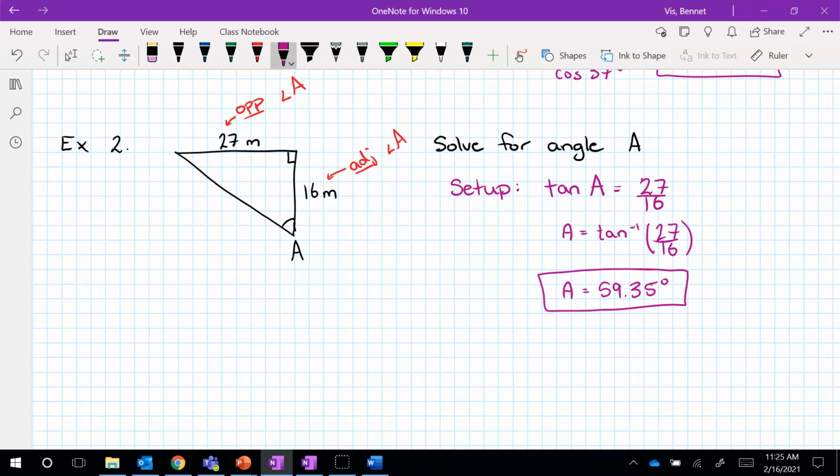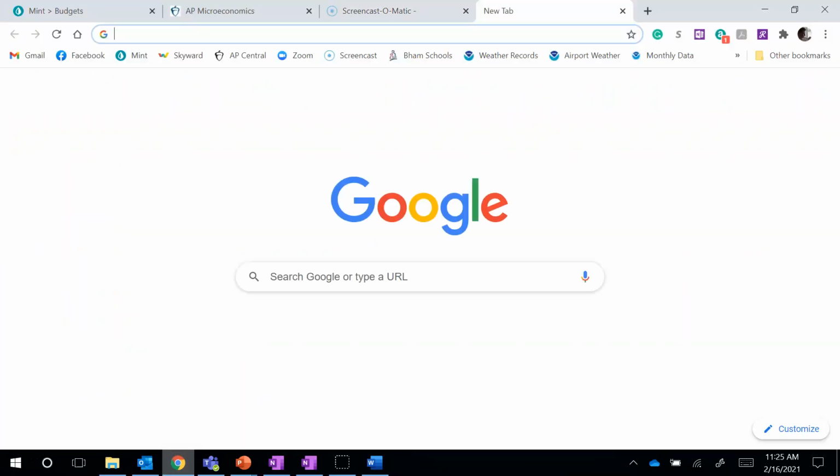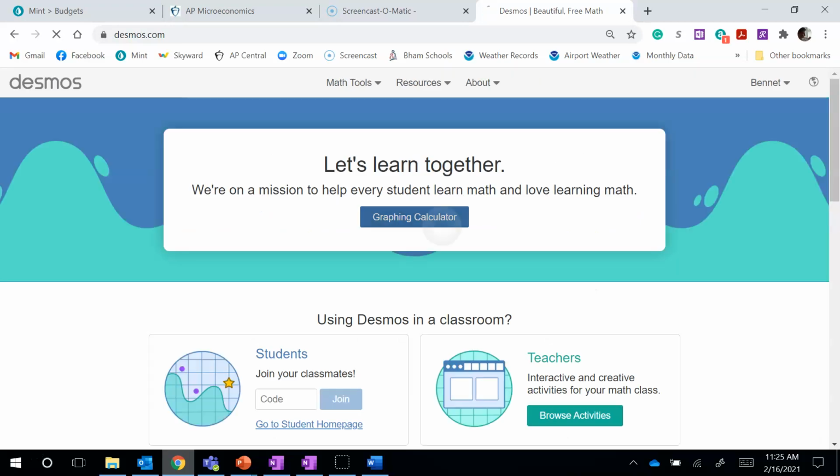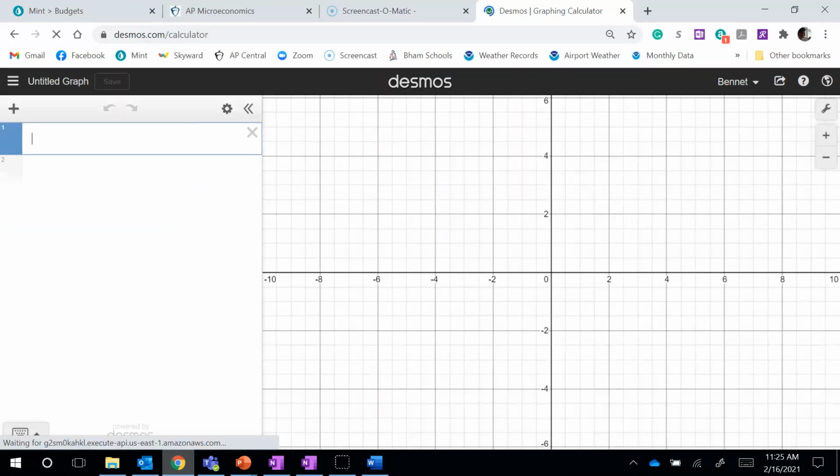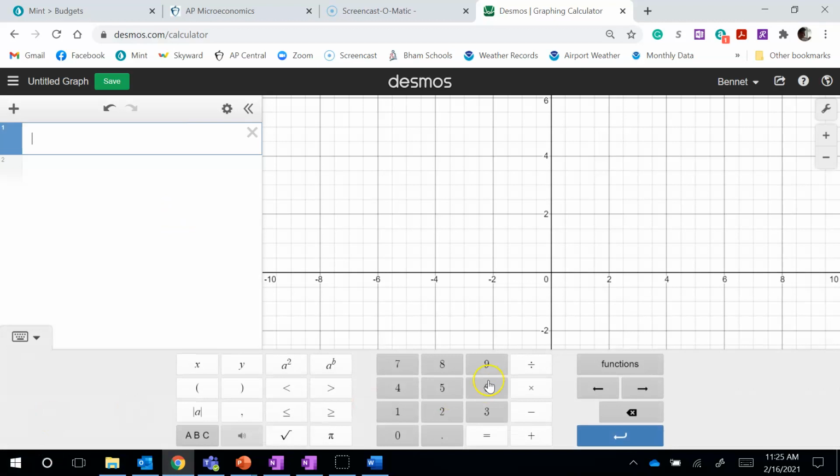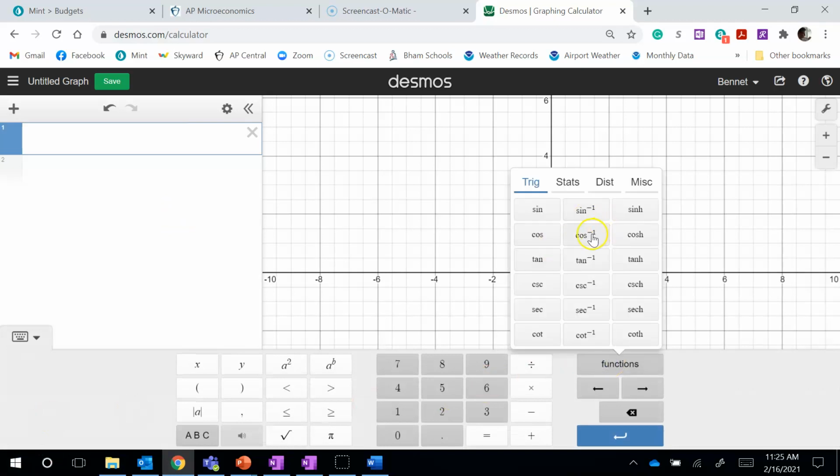If you are in radian mode, if you're using Desmos, that's what it defaults to. So you could use Desmos for this, but it will give you the wrong answer unless you go in and change it. So I can show you how to change that. If I wanted to do the inverse tangent, one thing you can do is go to the functions here, and it has all of these different options.